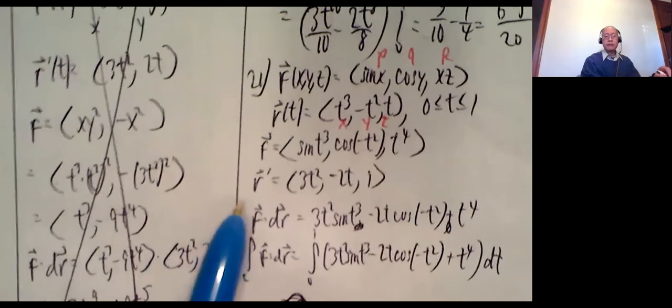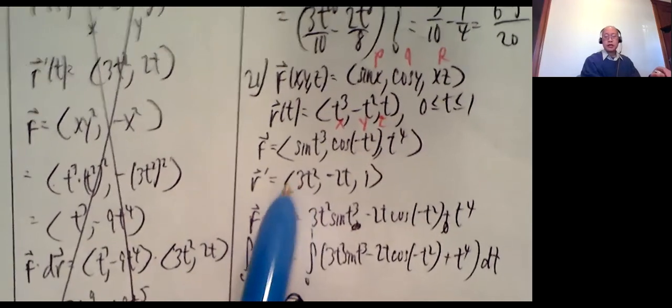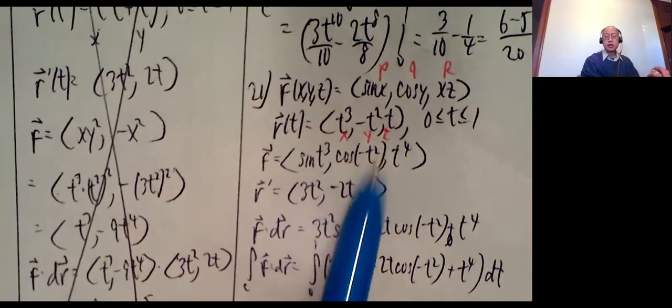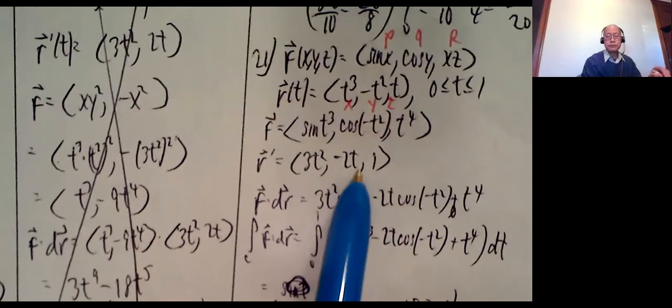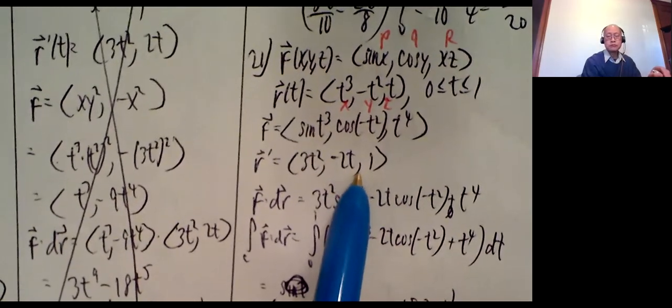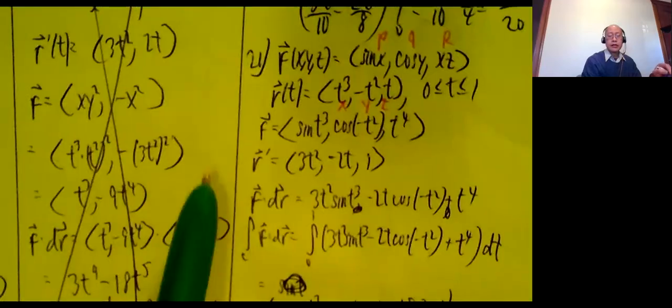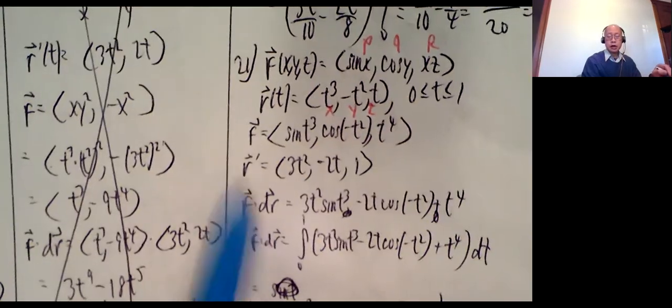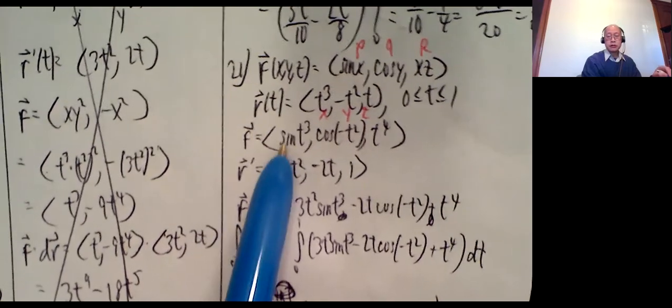And then r prime, or dr, that's easy. So derivative is 3t squared, comma, negative 2t, comma, 1. So I take the dot product, f dot dr. Dr can be thought of as r prime also. So that times that, 3t squared sine of t cubed.